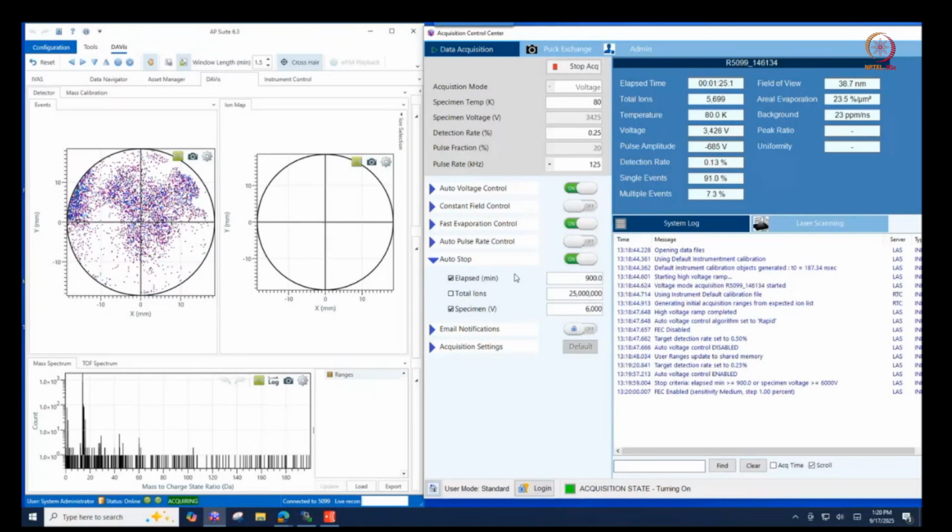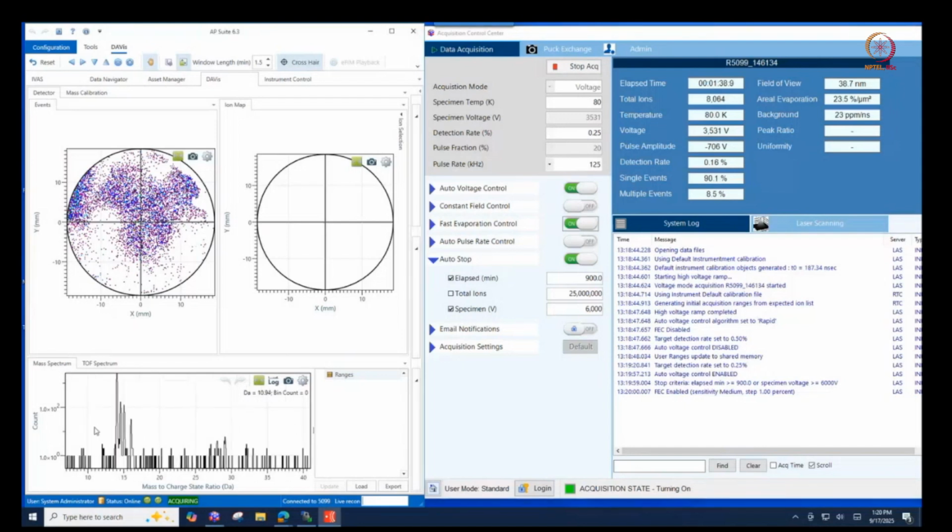So now, since we have got a feel of acquisition, to increase the speed of our acquisition, I'll try to change the detection rate to 0.5. Before that, since I know that these tips are silicon, I have zoomed in the mass spectrum to around 14 and 28, because this is where the silicon peaks are expected.